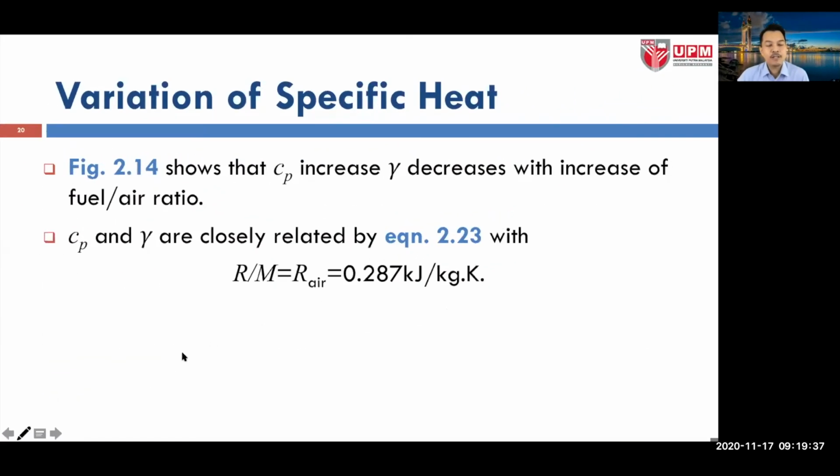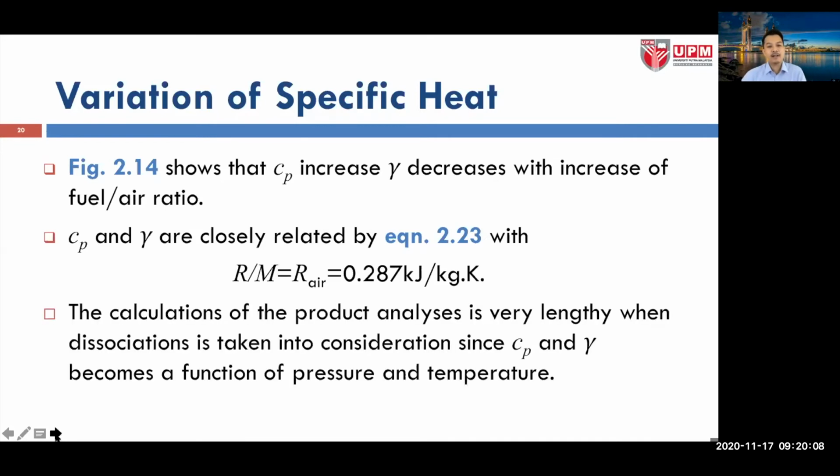The same figure 2.14 shows that the Cp increases while the gamma decreases with increase of fuel to air ratio, and both the Cp and the gamma are closely related by equation 2.23, with the molar air value to be 0.287 kilojoule per kilogram Kelvin.